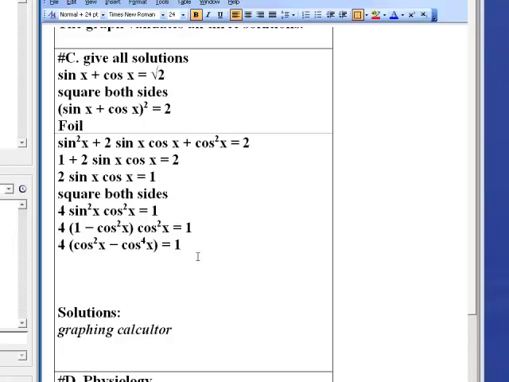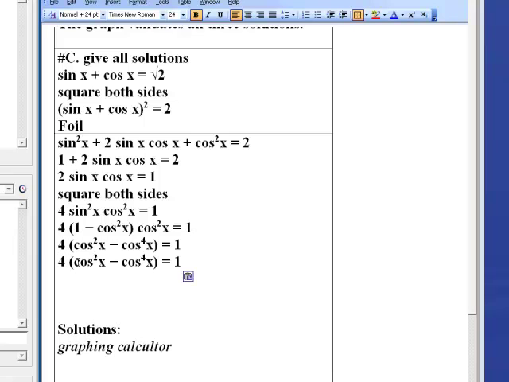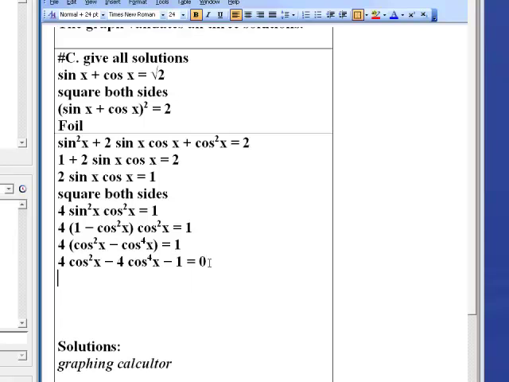Now I'm going to take the 4 inside. So we're going to have 4 cosine squared, 4 cosine to the 4th. I don't need the parentheses. I subtract the 1 on both sides. Okay, still not done.